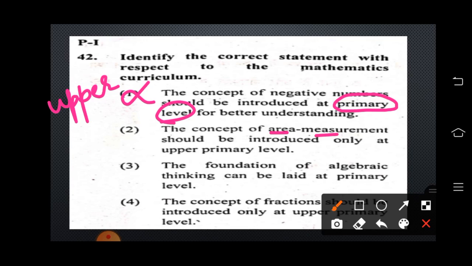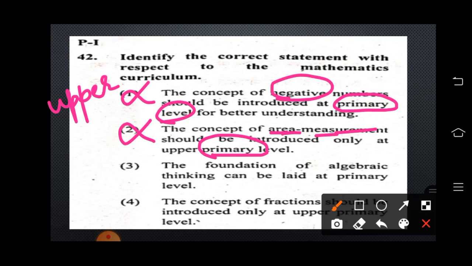Like that we can teach measurement to the children, and by using concrete things we can explain the concept of area and measurement, whereas negative numbers we can't teach by using concrete objects. So option 2 is also the wrong one, because area and measurement can be explained through concrete things, so we can introduce it at the primary level also.